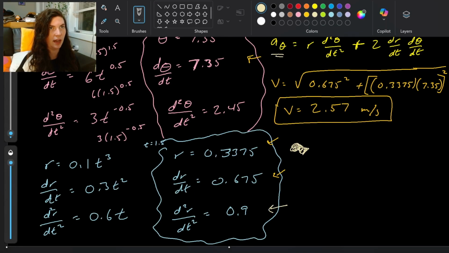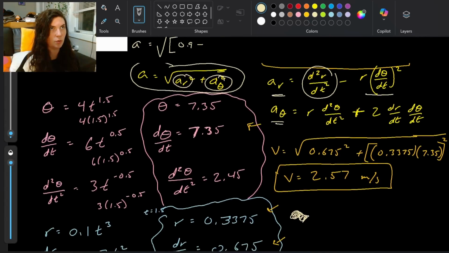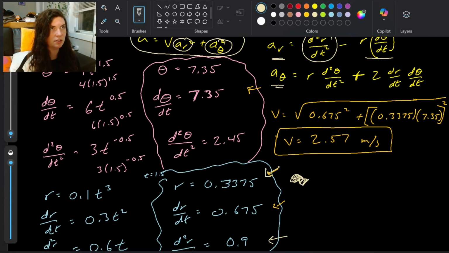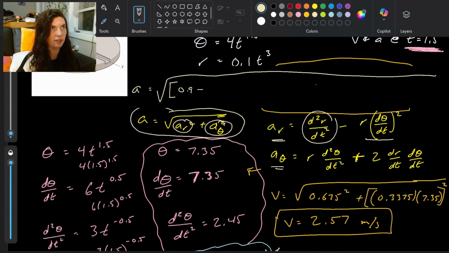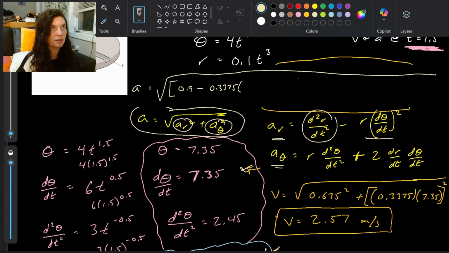Here he is, he's 0.9. 0.9 minus r times d theta dt squared. So r, here he is, 0.3375, times d theta, which is 7.35 squared. That entire term squared. Plus, that wasn't that bad.